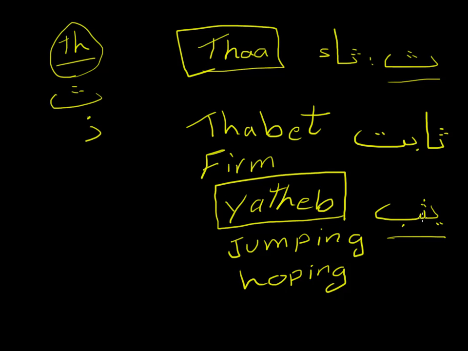Let me try to make it a little bit clearer. So we have ya, and then we have tha, and then we have ba. Let's add the dots now. This is ya, this is tha, and this is ba with one dot. Sorry, I wrote a little bit small, but I hope this will be clear.